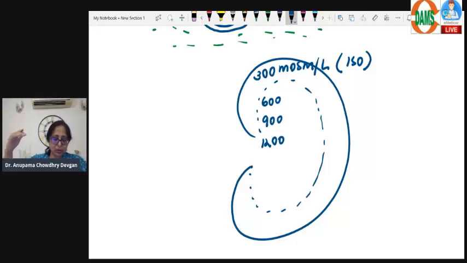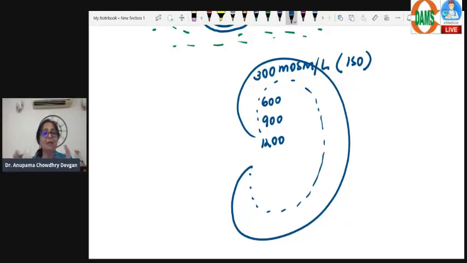As you keep going deep into the medulla, the osmolality will increase. It is 600, 900, 1200. Deep in the medulla, it is 1200 milliosmoles per liter. Remember, plasma has an osmolality of 290. I'm taking it as 300. But deep in the medulla, the osmolality of the interstitium is now 1200.